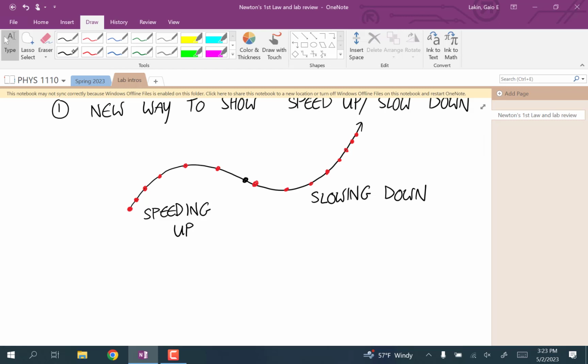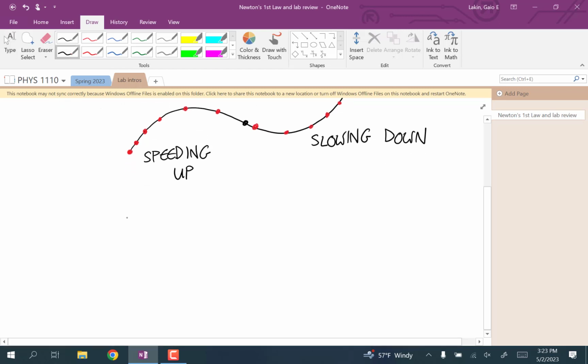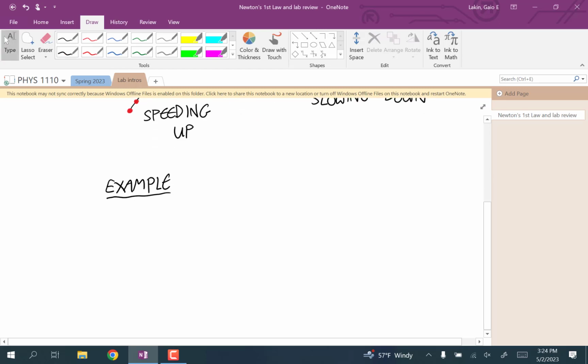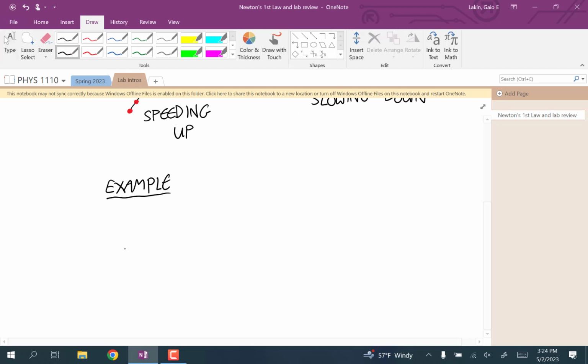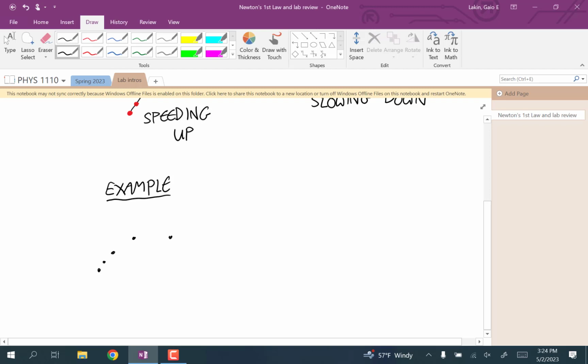Okay, so let me show you how you could use this for a lab question. There are a couple of questions like this that you'll have to do. So let's say that the object, well, I'm going to basically recreate this same thing that I just did.